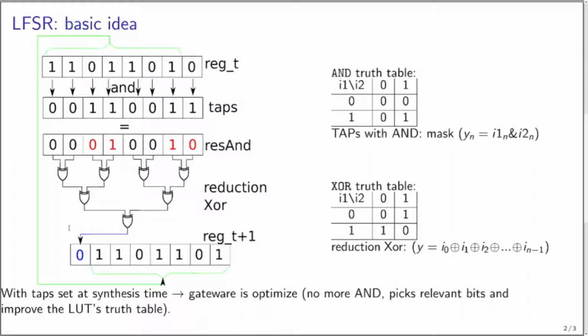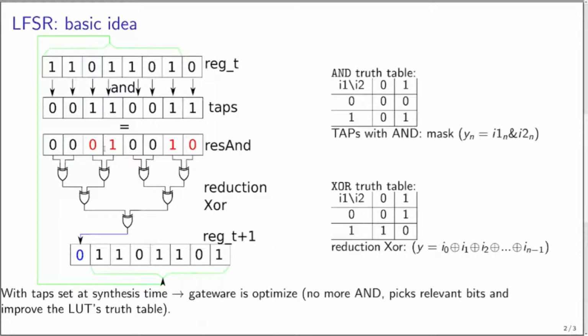The interesting thing with this approach is if the taps are fixed at synthesis time, Amaranth and the synthesis tool do some pre-processing tasks, like GCC, and drop everything to keep only this bit, because this one and this one are equal to 1, and another, so there are only 4 bits used, and this is not required.